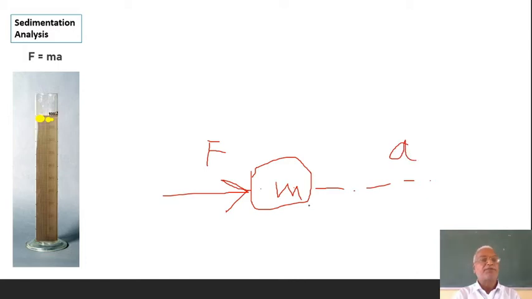If the force is applied to a mass, it will get accelerated in the direction of the force. It does not matter whether the body was at rest or in motion. If there is an object applied with a force F, the effect of this force is to gain an acceleration of a. And the relation between F, m and a is F equals ma. Very simple. Now I'll remove this.